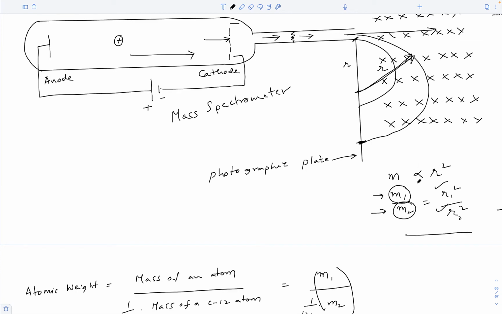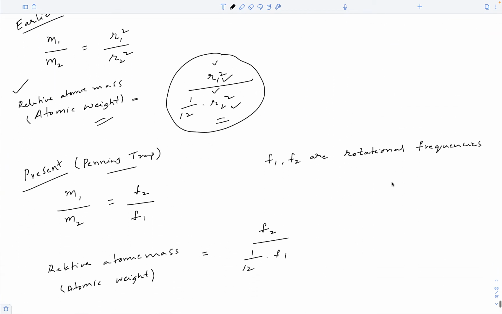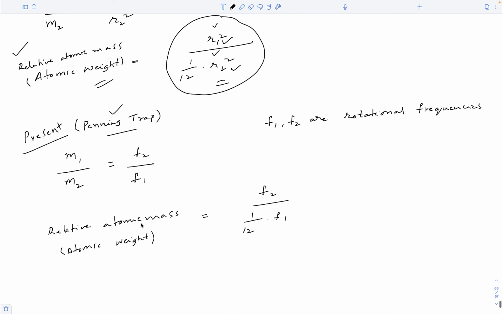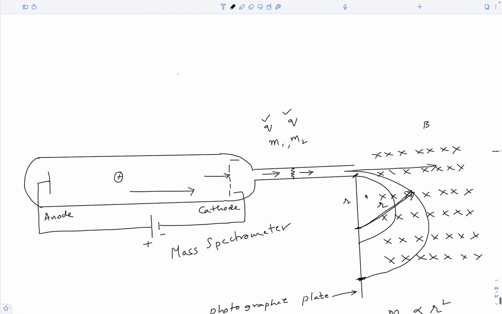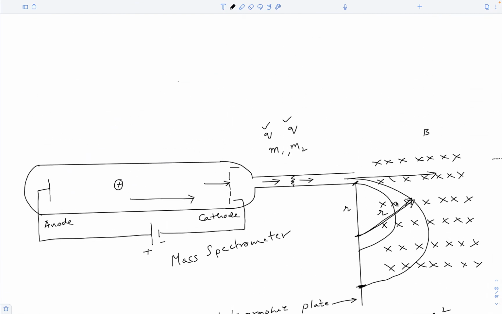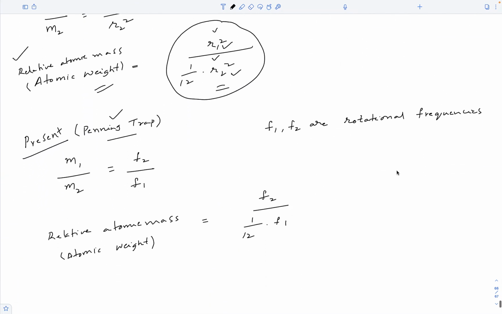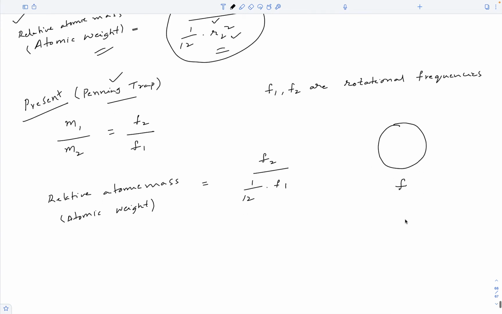Today we have far more advanced mass spectrometers and we have different types of mass spectrometers. We use a particular type of mass spectrometer known as a Penning trap mass spectrometer to determine relative atomic masses or atomic weights. In this mass spectrometer, we do not measure the radii of the semicircles. We instead make the ion rotate and measure the rotational frequency of the ion. Obviously, if the mass of the ion is more, its rotational frequency will be less.